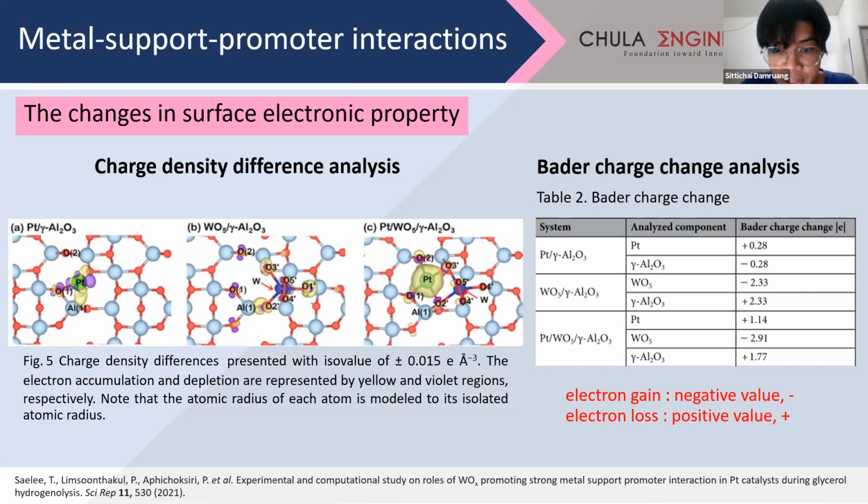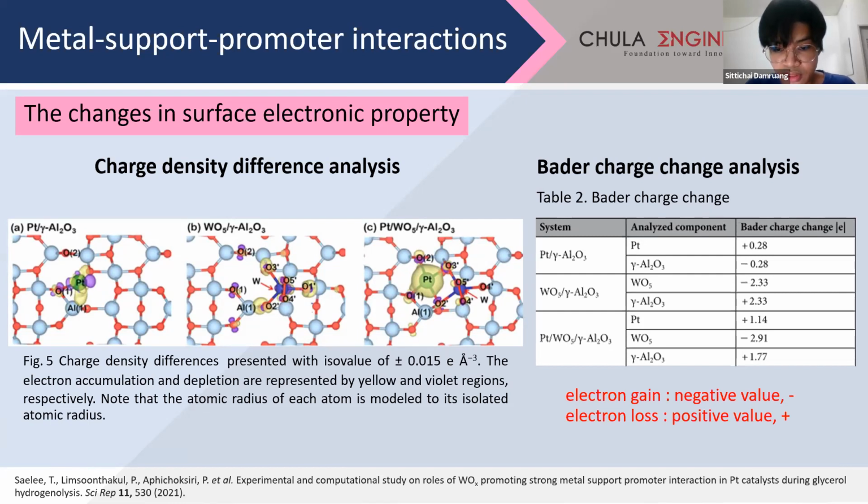In figure B, on the tungsten oxide alumina interaction, the electron moves in the opposite direction, from alumina to tungsten oxide. Interestingly, the tungsten species acts as an electron acceptor, withdrawing electrons from two nearby oxygen atom sites.